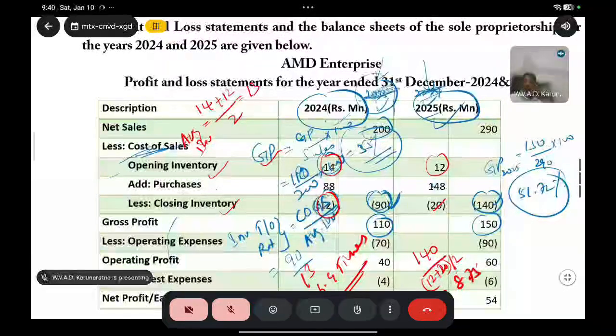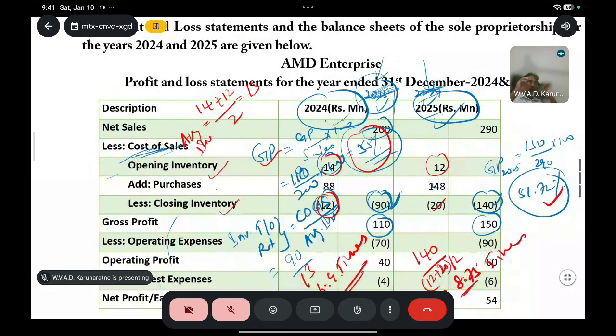So what can you say here? If you think about the profitability, we can see a decrease. Gross profit decreased: previous year 55%, now 51%. However, if you go to the turnover ratio, previously 6.9, now 8.75 times. If this value is higher, that is better than the lower, right?